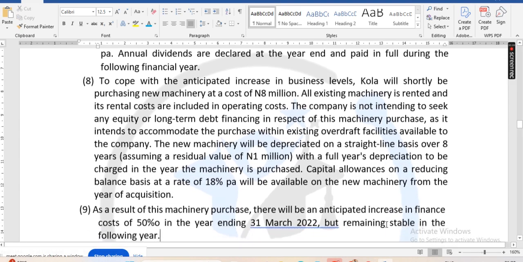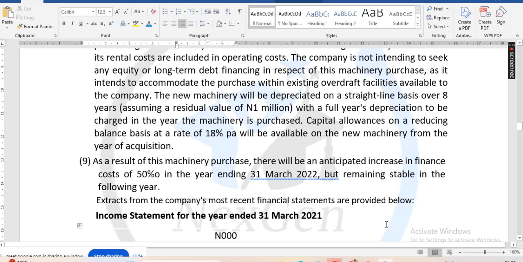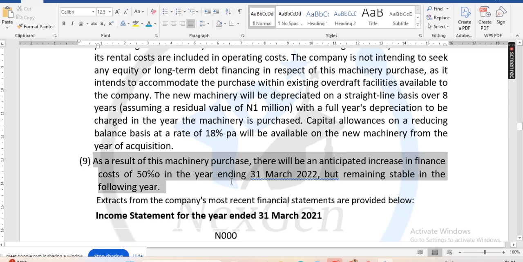It's very simple. As a result of this machinery purchase, there will be an anticipated increase in finance costs. So which means that their finance costs will increase. Let's see the finance cost in the question.